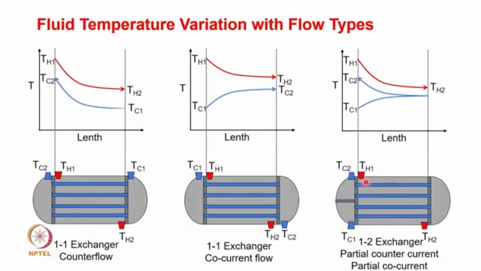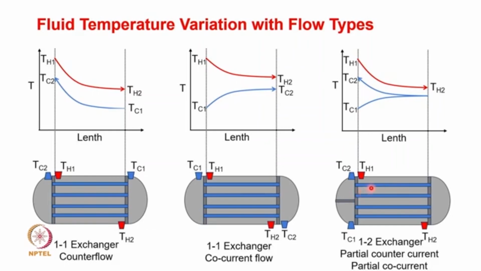Okay, so now let's see how it works. So see the tube, this is the shell side fluid, it enters at TH1 and exits at TH2. And you can see the TC1 enters here and it flows through this direction, reaches here and takes a turn and goes in this direction.